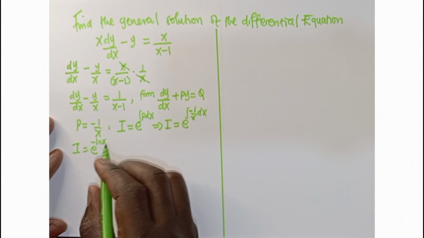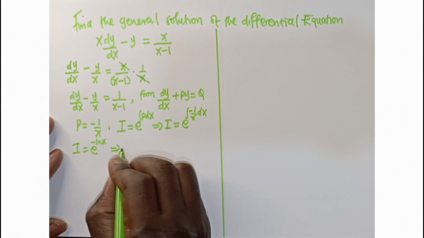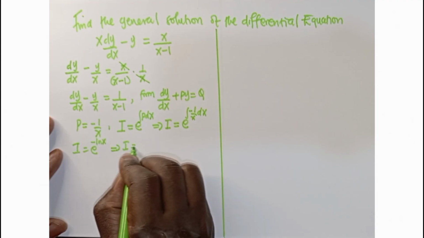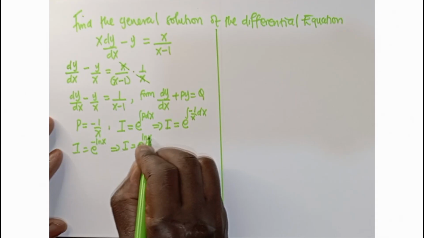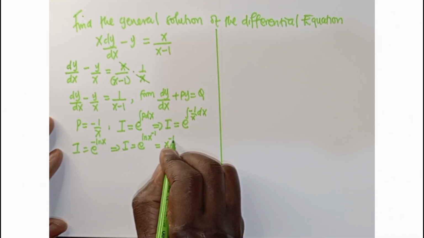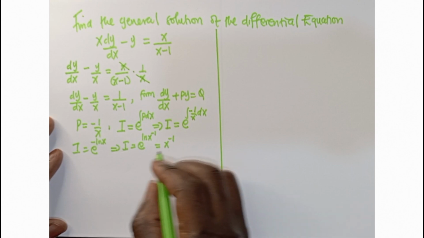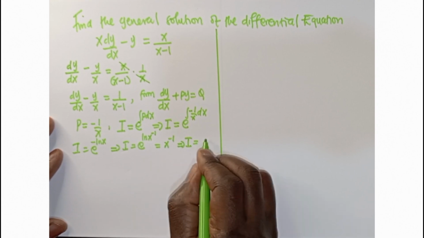After seeing that, we can take this negative 1 up. So we have integrating factor as e to the power ln of x to the power negative 1, which eventually becomes x to the power negative 1 according to laws of logarithm.